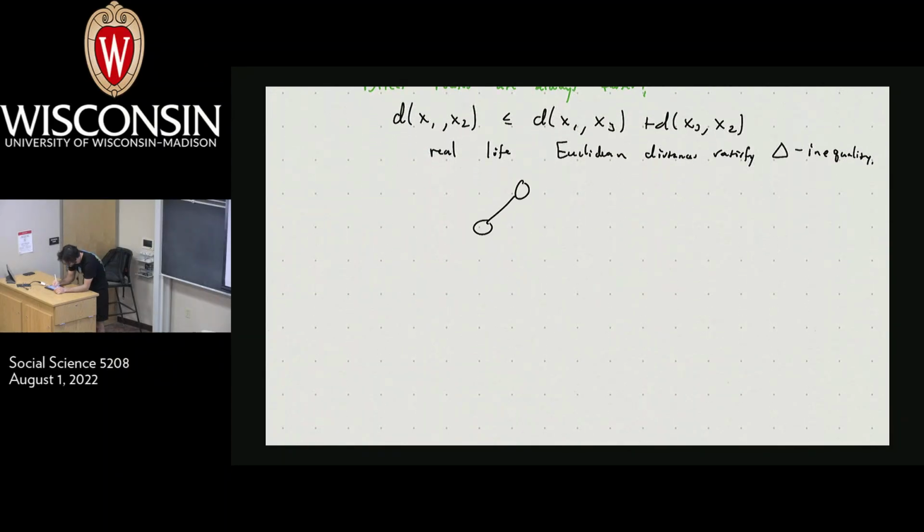So we have this giant graph. All these edges everywhere. The weights are given to you.